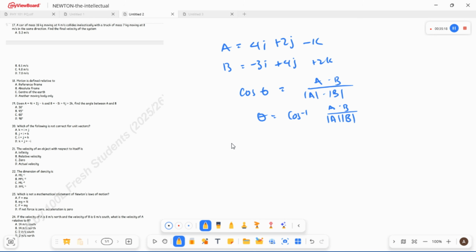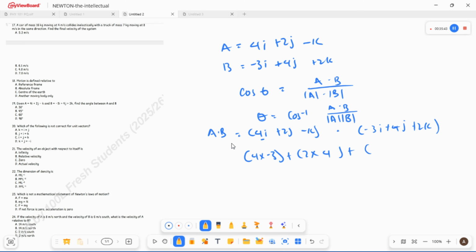We're going to find the dot product first. That's going to be equal to 4i plus 2j minus k dot minus 3i plus 4j plus 2k. Remember, the coefficient of i here will multiply the coefficient of i in the second one, and we add it with j and k likewise. So we are going to have 4 times minus 3 plus 2 times 4 plus minus 1 times 2.